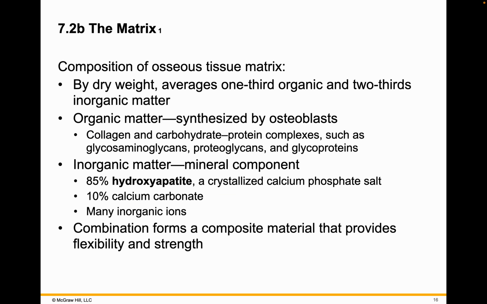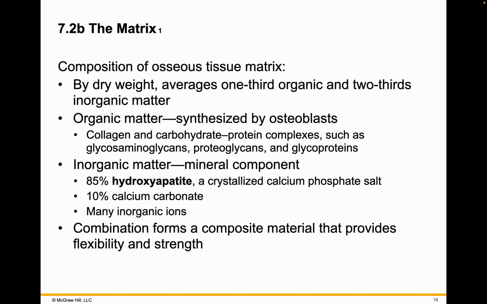The matrix is composed of osseous tissue. By dry weight, it averages 1/3 organic and 2/3 inorganic matter. The organic matter, which is synthesized by the osteoblasts, are collagen and carbohydrate-protein complexes.